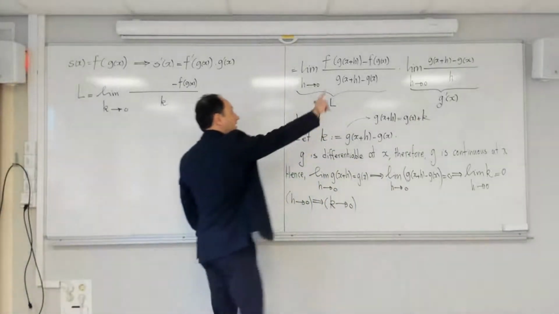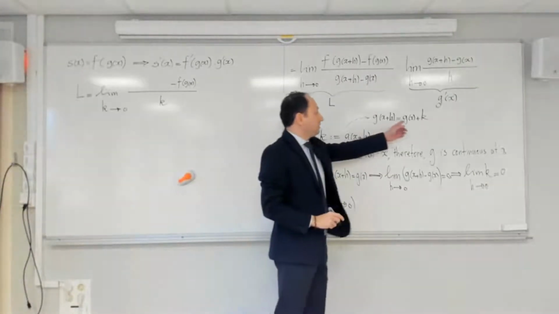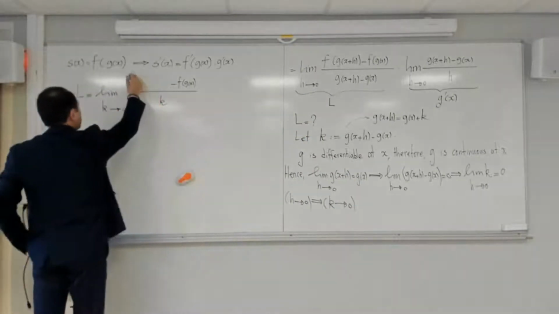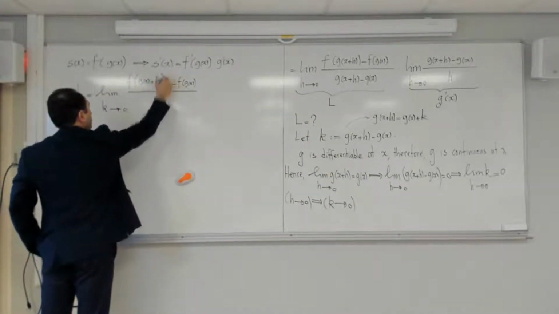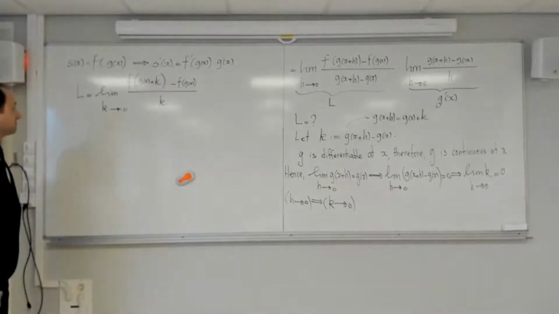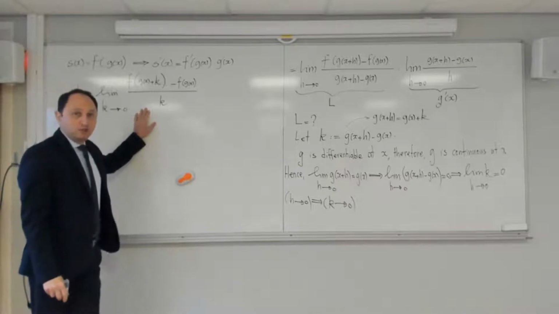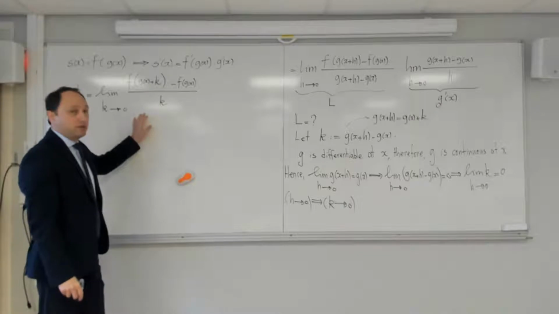So instead of g of x plus h, I can simply write g of x plus k. So this becomes f of g of x plus k. Now I want to wait a little bit for you to test your understanding. Can you write something for this? Is this limit familiar now?